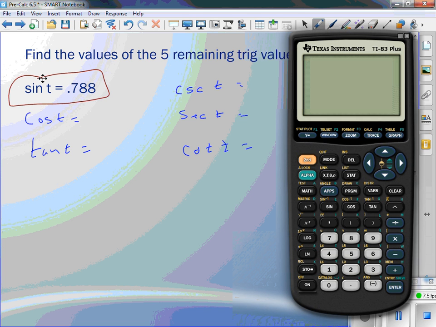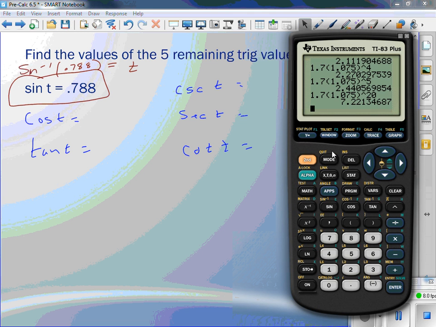What do I need to find? Well, you already told me I need to find t, right? T is called an angle. How do I find an angle when I'm given this? The inverse sine. So I take sine inverse of 0.788, and that's going to equal what t is.